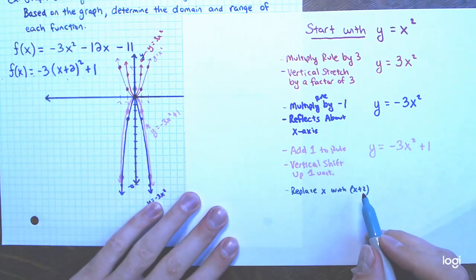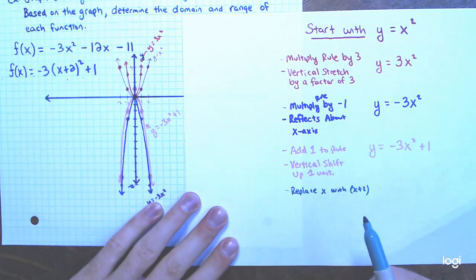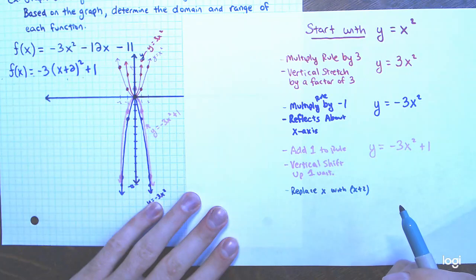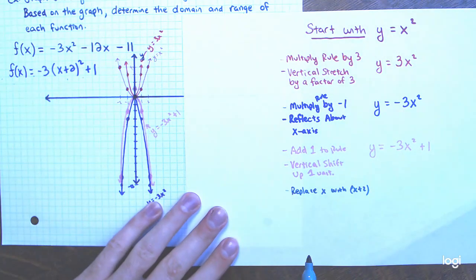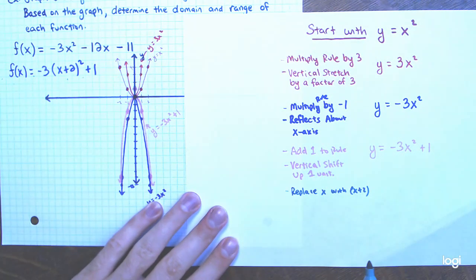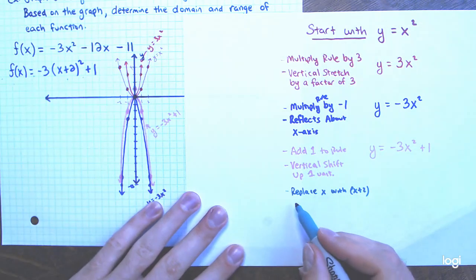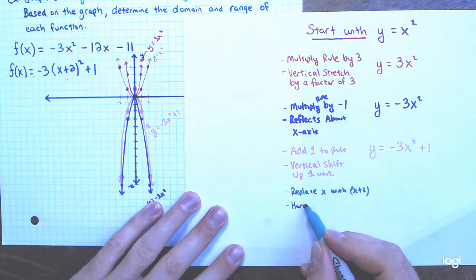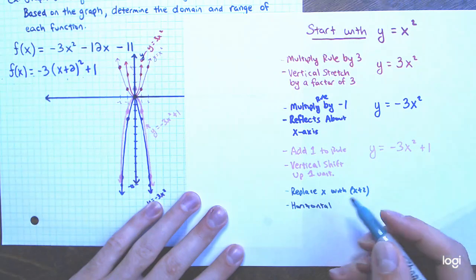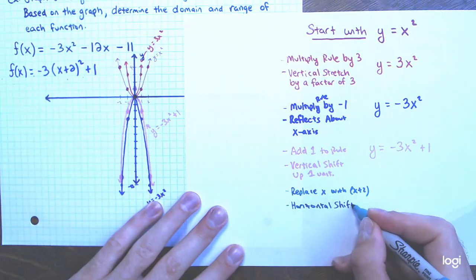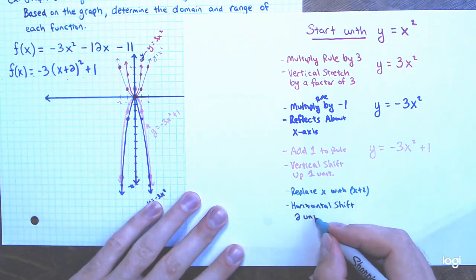Now remember, x plus 2 is x minus -2. The value of that h was -2. And if you replace x with x minus h, and h is a negative number, it moves you left. All right, this will cause a horizontal shift 2 units left.